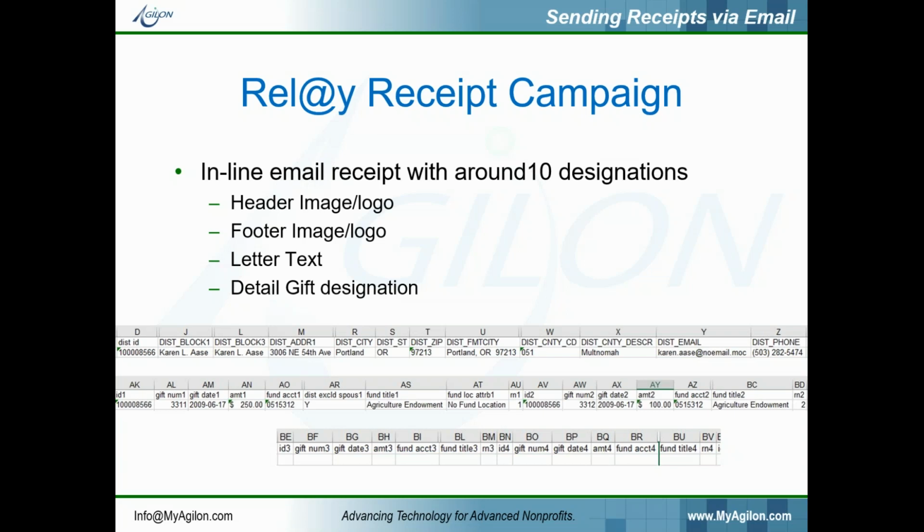This is why we have a specific limit on how many gifts there are. We have to take that into consideration when we're looking at gifts as well, to make sure that we don't leave some gifts off. So in this example where we have 10 designations, we need to make sure that if there's 11 designations, this person is pushed over into a printed letter instead of the email process.